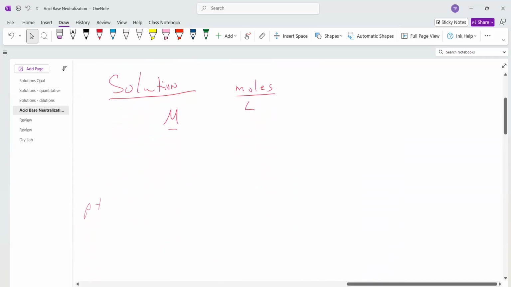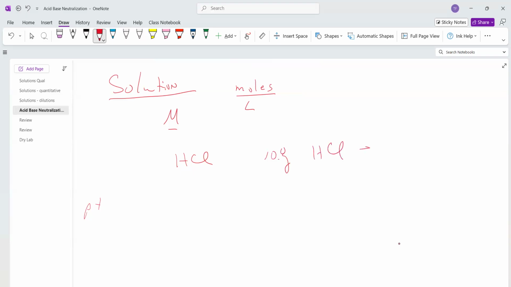Now let's talk acid solution. If I took hydrochloric acid, let's say I have 10 grams of HCl in, so we have a total solution.